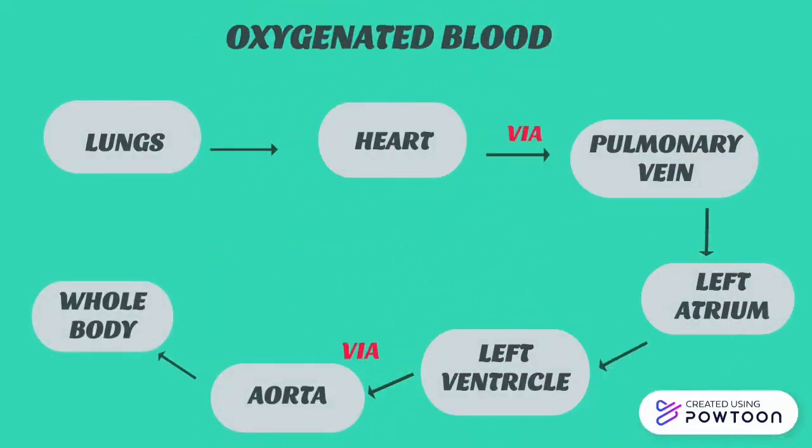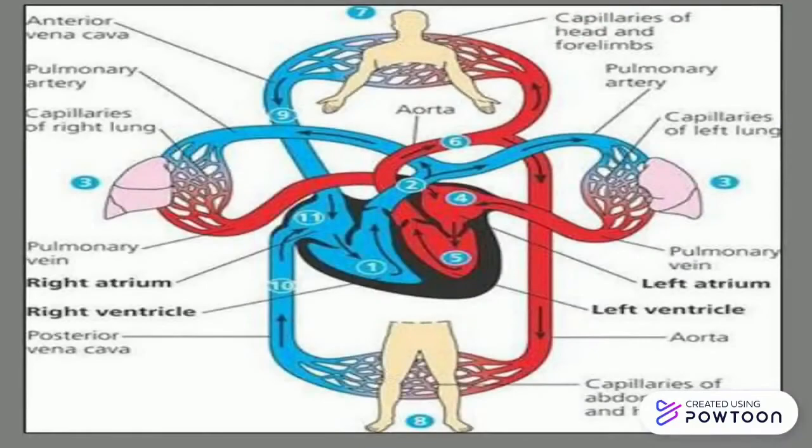From the left ventricle, the blood will pump to the body via the aorta. In these slides, the blue color indicates the deoxygenated blood, and the red color indicates the oxygenated blood.